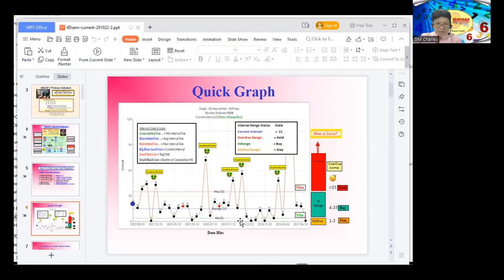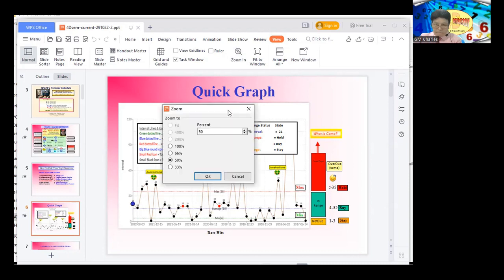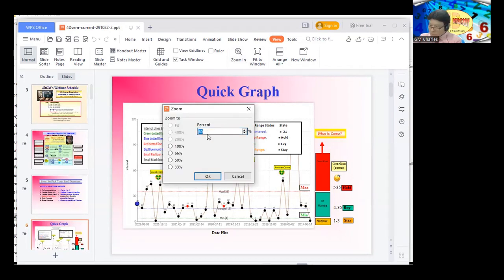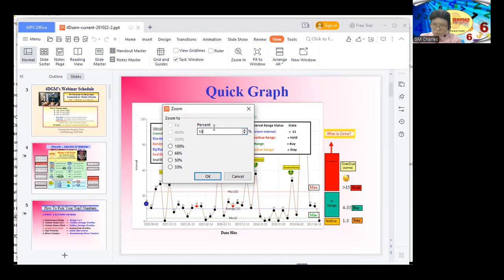Can you see? If not, I just have to enlarge it a bit. Is it big enough? If not, I can still enlarge to 100%.